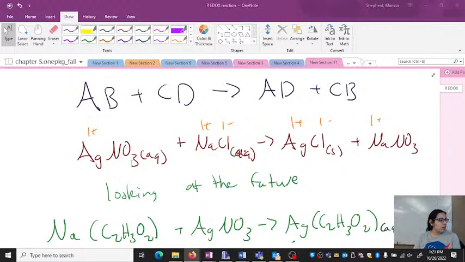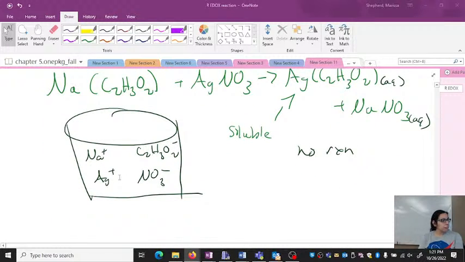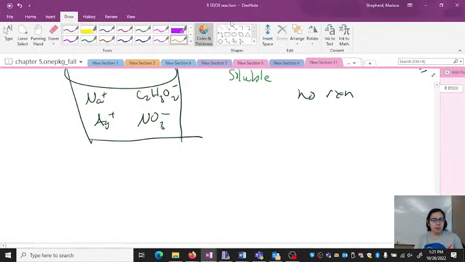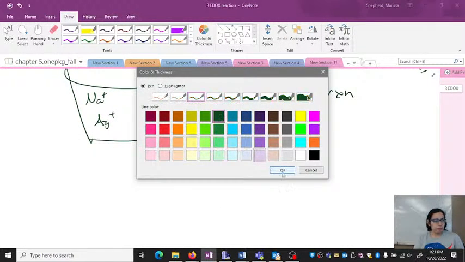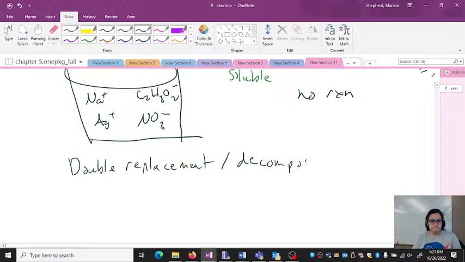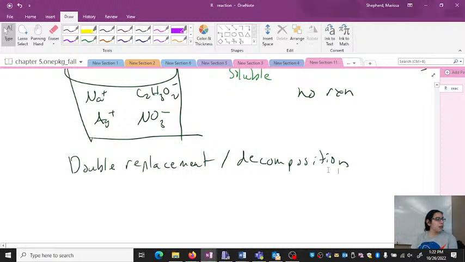And then just the last one on your chart, and this is kind of the special scenario: double replacement/decomposition.